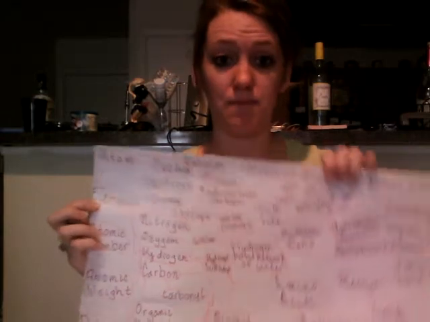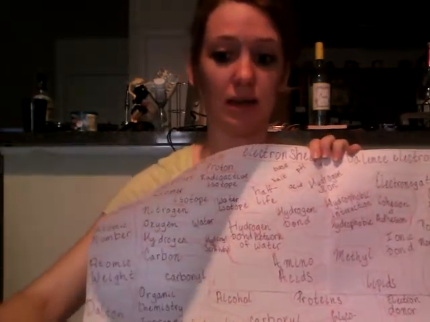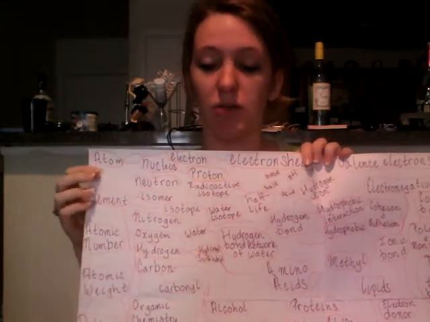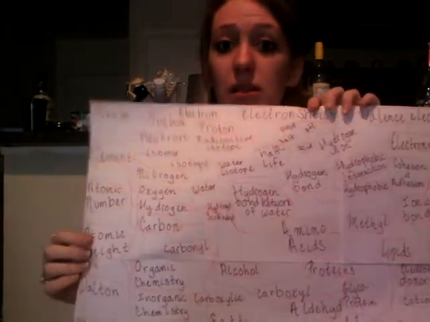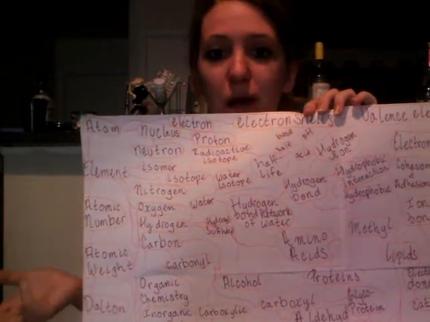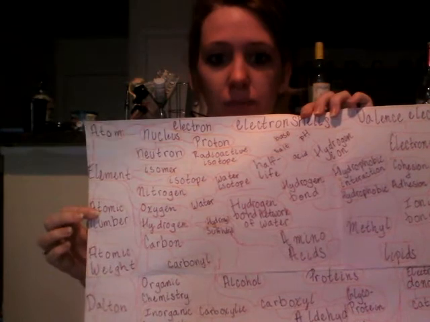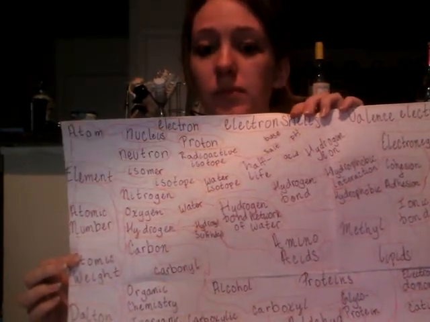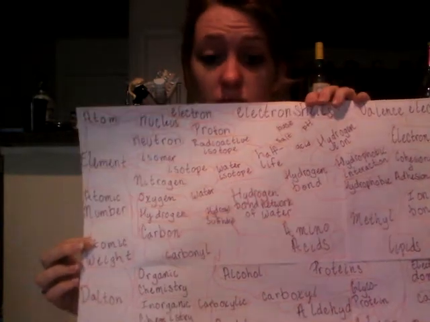Atoms make up elements, and the elements have atomic numbers, which is the number of protons in each element. Atomic weight is the approximate weight. It's the average of the most common weights within the world, and that's normally the number of protons and neutrons.